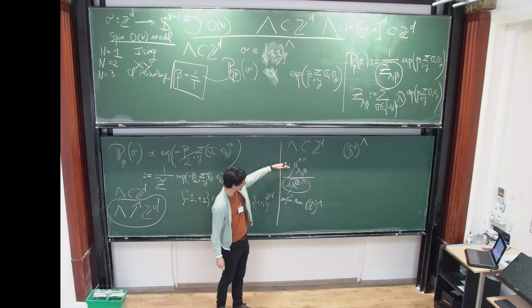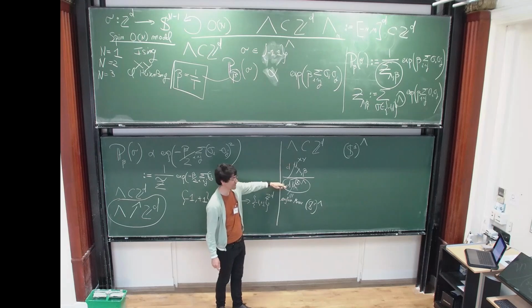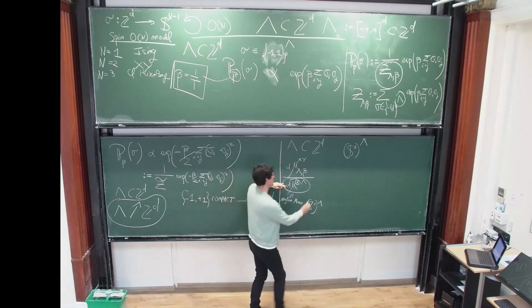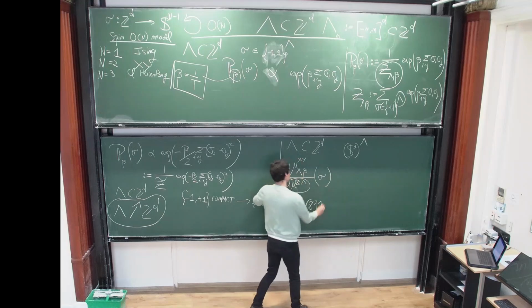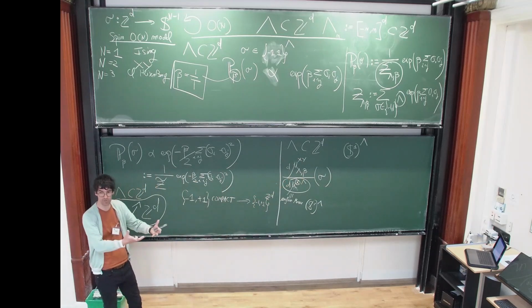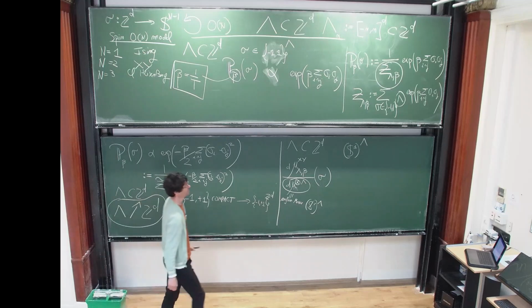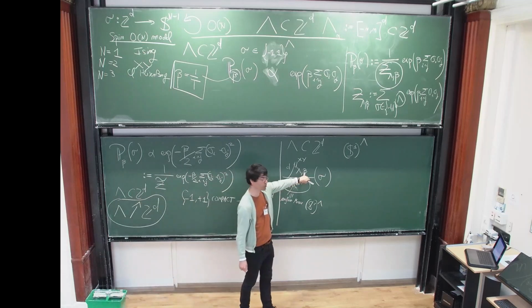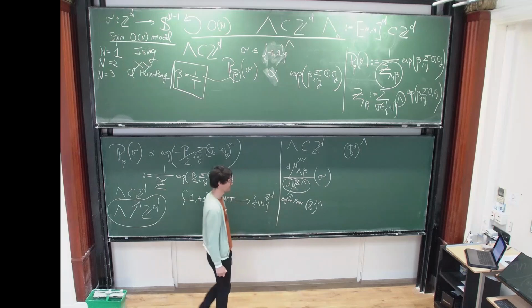And I want to define a probability measure which is absolutely continuous with respect to this one, and whose Radon-Nikodym derivative will favor configurations that are aligned in a way which will be stronger and stronger as beta goes to infinity, or in other words, as the temperature drops to 0.